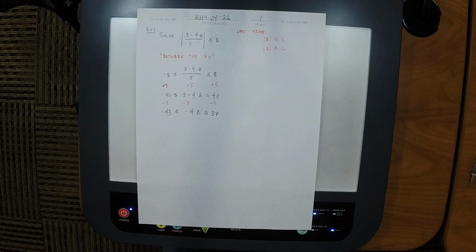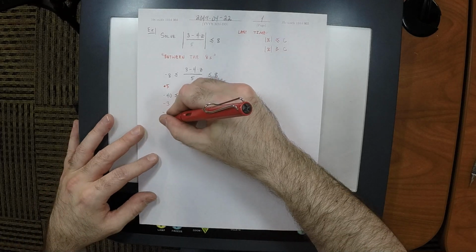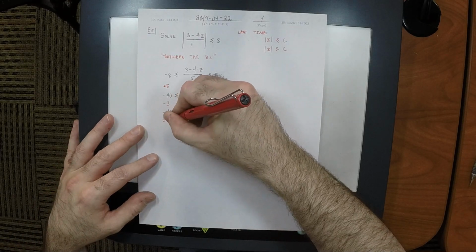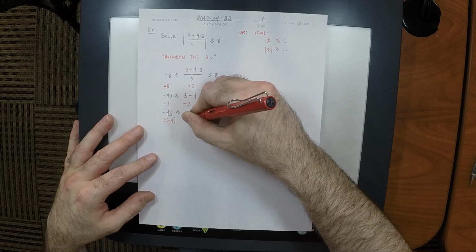And now what do we want to do? Divide by -4. Now that is legitimate. The only thing that you're not allowed to divide by is 0.